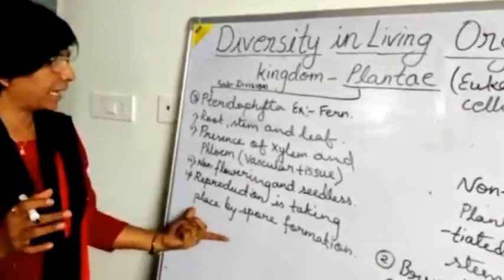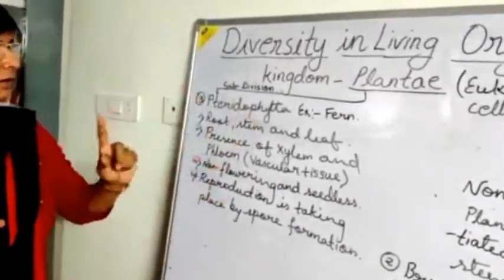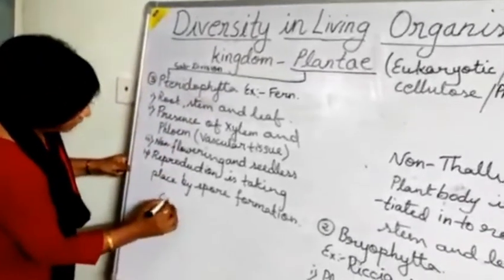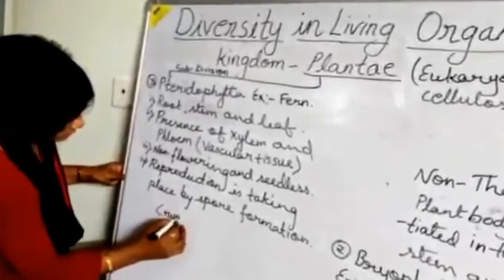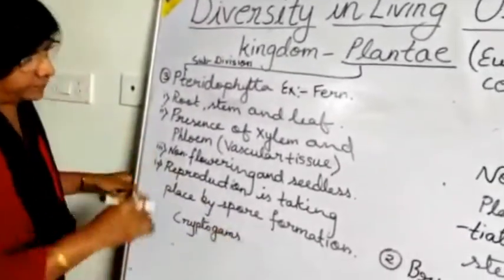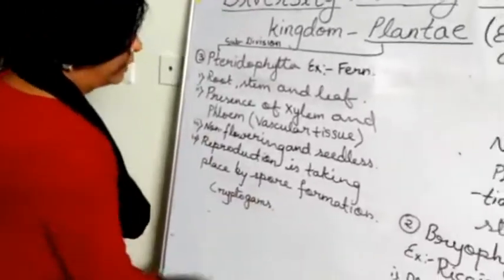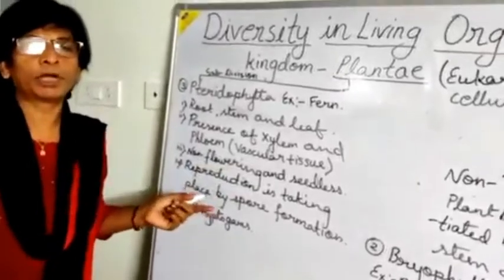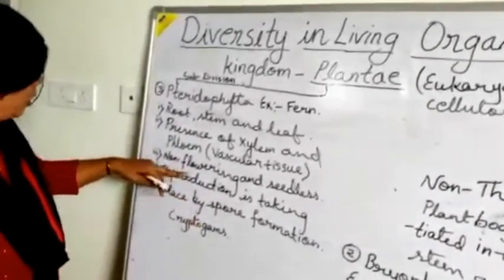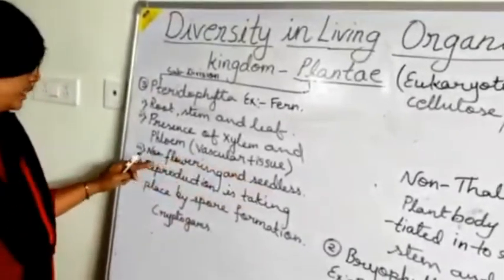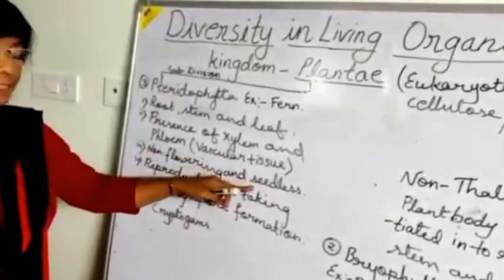Okay, we can say that these three, that is Thallophyta, Bryophyta and Pteridophyta, all come under cryptogams. Okay. Now we are going to take the fourth one. Here we already got non-flowering and seedless, but here we will get the flowering and seed.